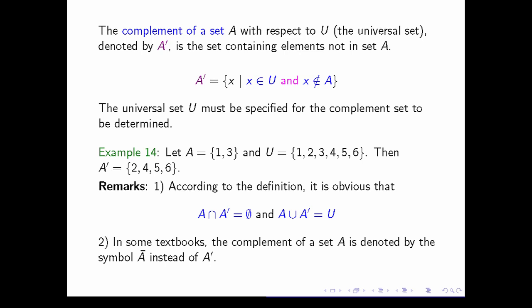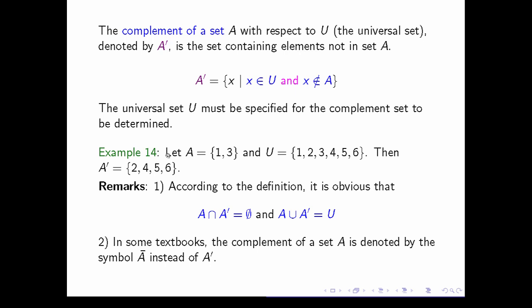It is the set containing all elements which are not in set A. That is described in this set builder notation: A prime contains all the x which is in the universal set, and x does not belong to A. That means x is not in A. This is a case where the universal set must be specified for the complement to be clearly determined.